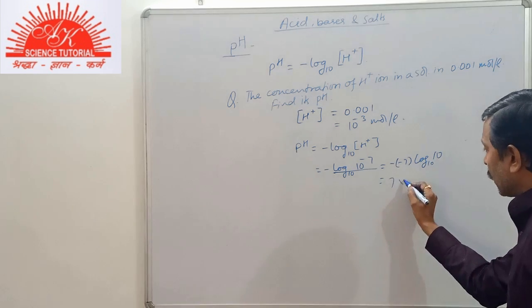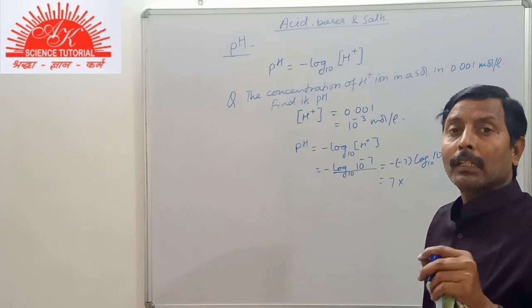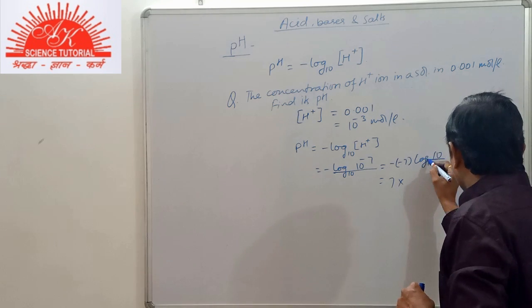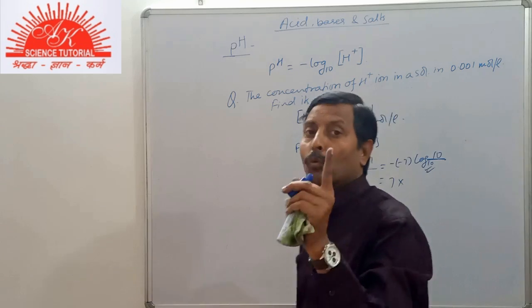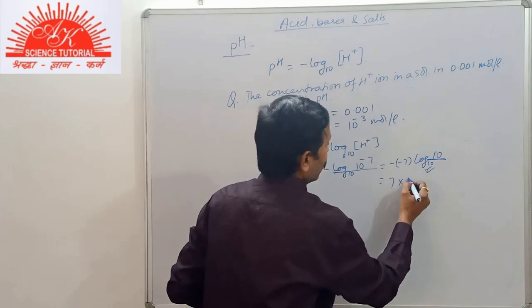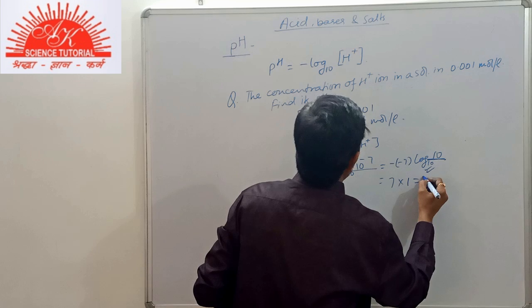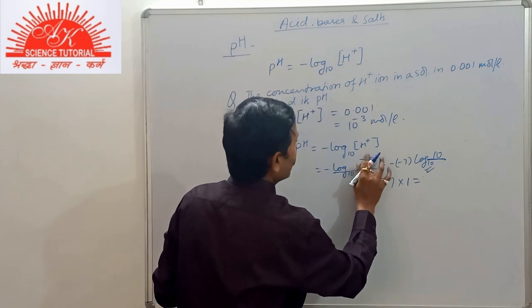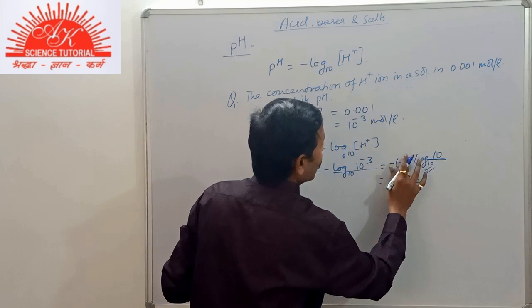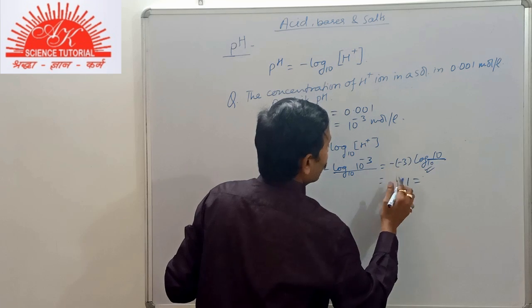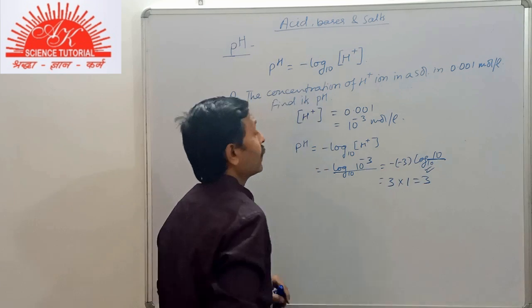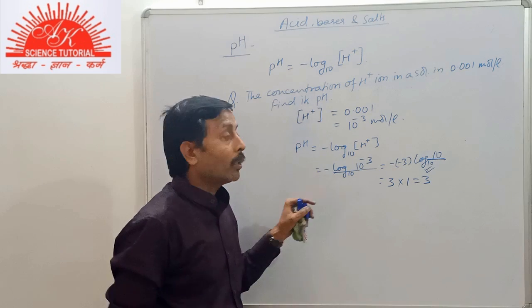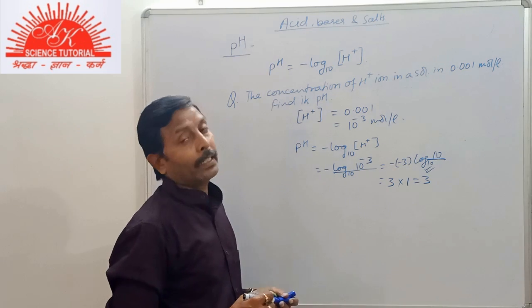This is 3, and you know that log of any number at the same base is 1. So it is 1, hence the pH is 3. The solution is acidic in nature.